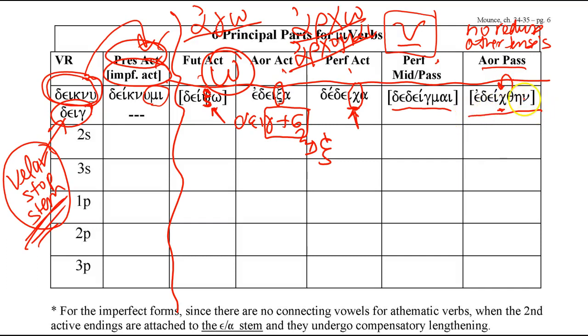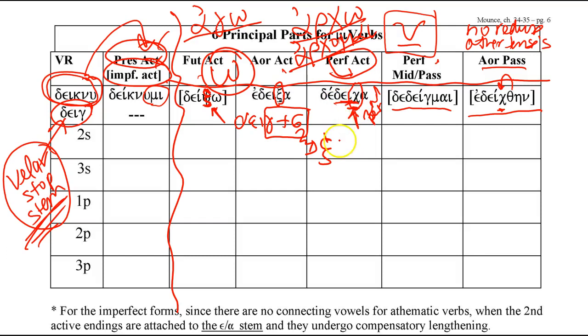So the only thing that's a little bit different is that the perfect active form uses the second perfect forms. So instead of ka, kas, ke, it's a, as, e, and the verbal root changes to dech with a chi rather than deg with a gamma.